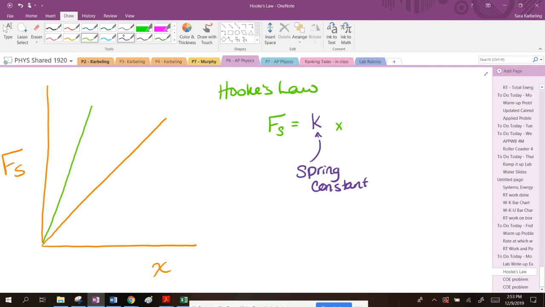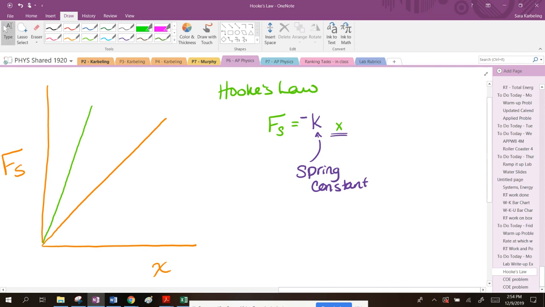So the force will always pull back in a direction that's opposite the displacement. So if you stretch the spring, the force is going to be pulling back in. If you squish the spring, the force is going to be pushing out. So the direction of the displacement and the direction of the force are always opposite one another, okay?